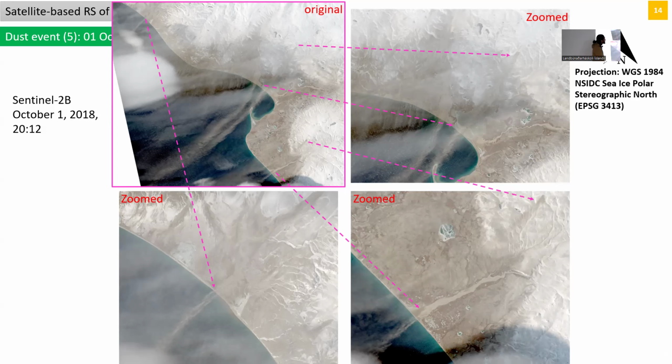We can see different sources of dust in that region, which are shown by the purple arrows. What we can understand here is that the thin plumes have continuity from the land over the water, and also we can say that we are actually looking at real dust plumes over the water because of this continuity from the land.